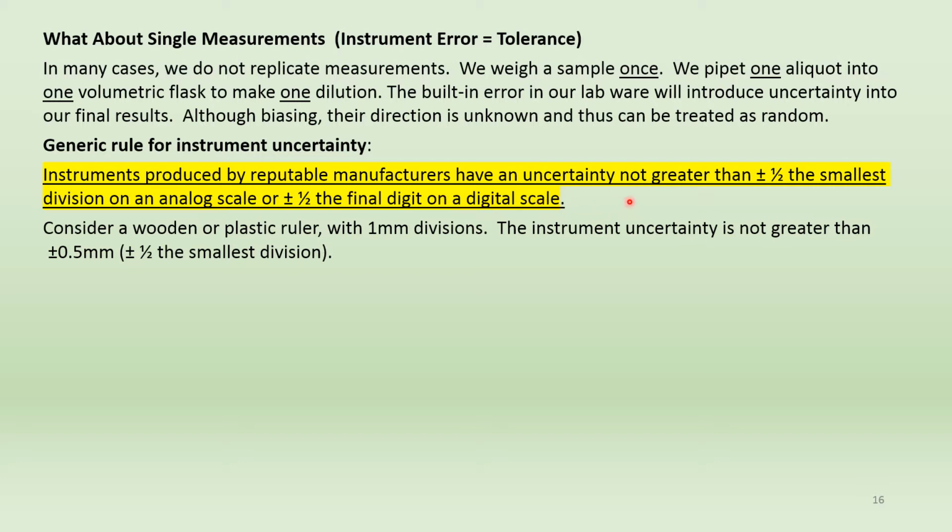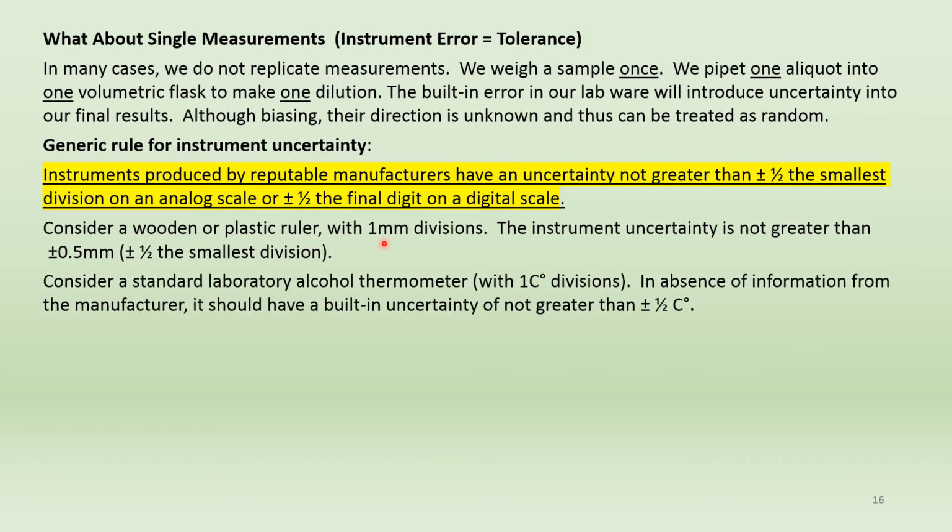The instrument uncertainty is not greater than 0.5 millimeters, which is 1/2 of the smallest division. Let's consider the standard alcohol laboratory thermometer. It has 1 Celsius degree divisions, so in absence of information from the manufacturer, it should have a built-in uncertainty of not greater than plus or minus 1/2 a Celsius degree.